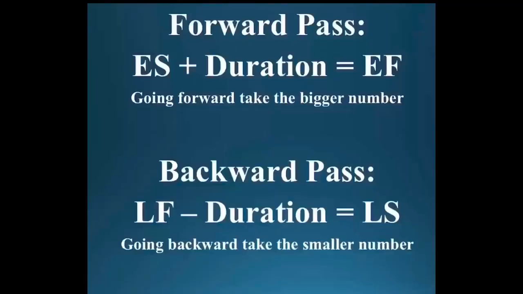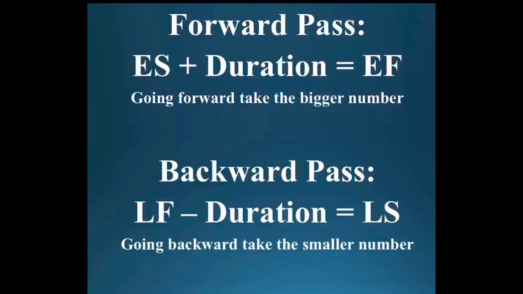When we're doing the forward pass, we're figuring out what are the top two numbers, the early start and the early finish. When we're doing the backward pass to the network diagram, we're figuring out what's our late finish and our late start, the bottom half of our activity square, right? So we have to remember the formula for forward pass for zero method that we learned today is early start plus duration equals early finish.